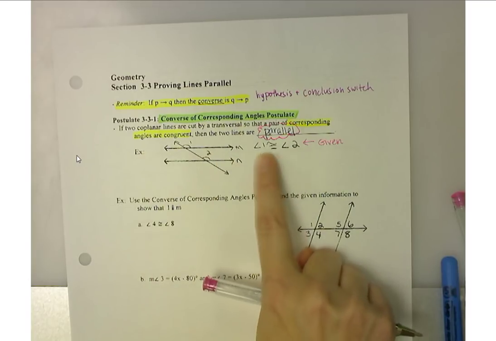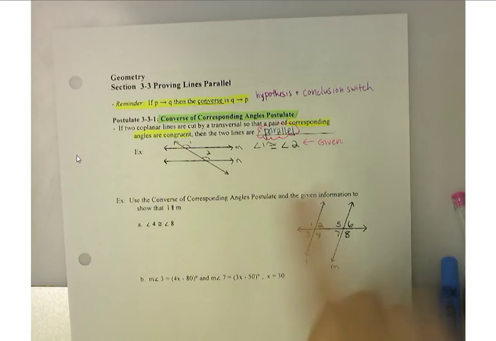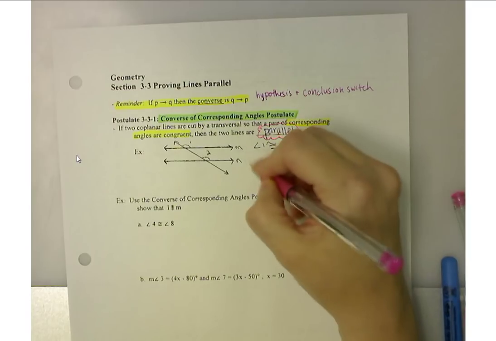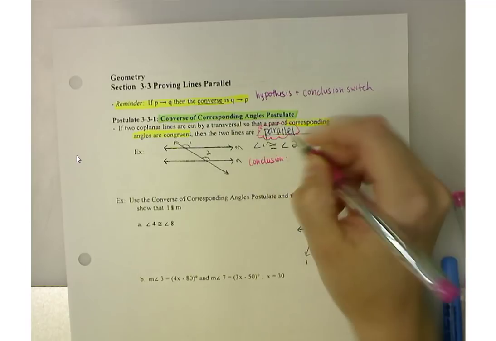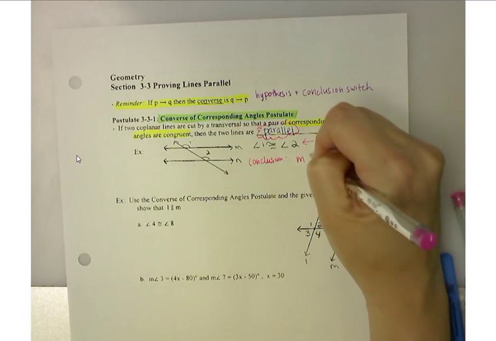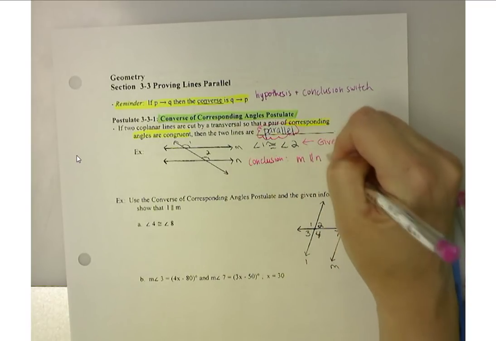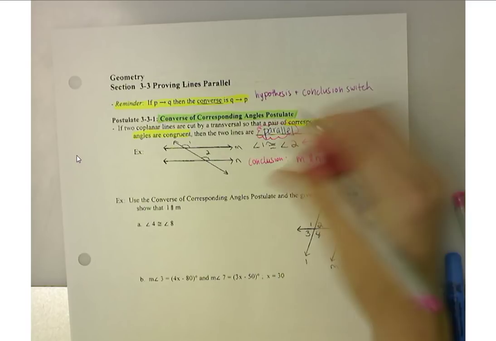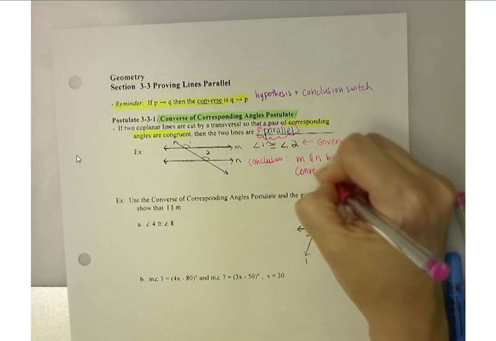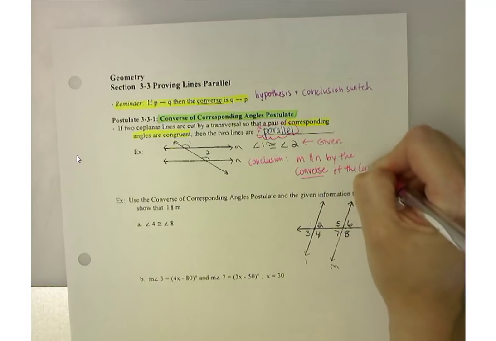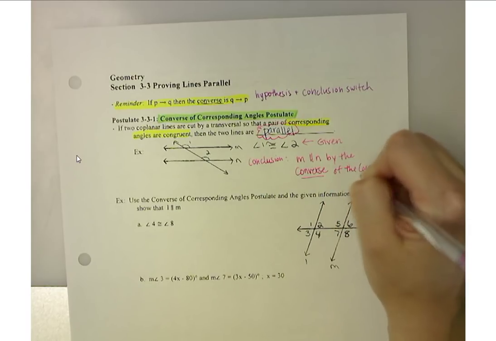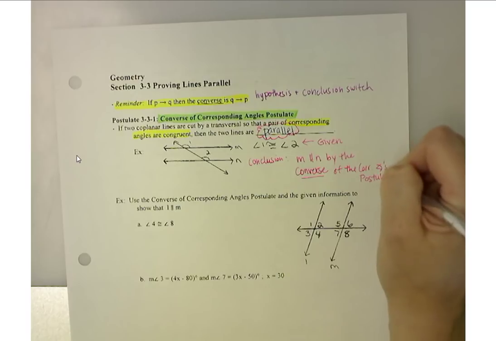So if you're given 1 and 2 are congruent, your conclusion is going to be that M is parallel to N by the converse of the corresponding angles postulate.